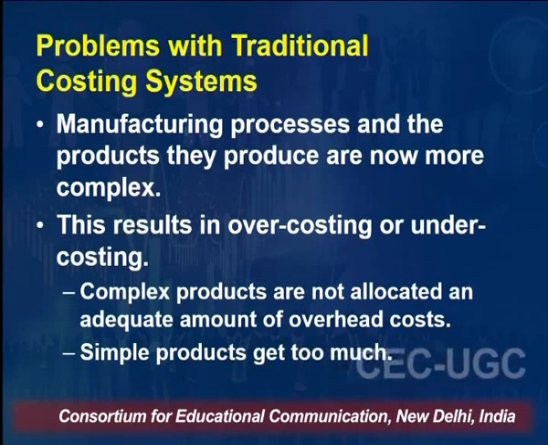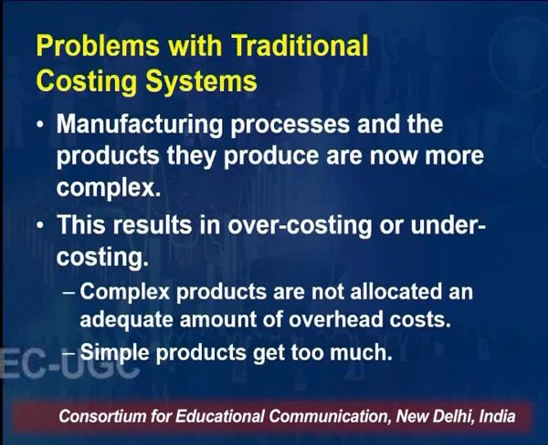The only problem is that this traditional costing system is not sufficient enough, is not having those tools and techniques which can match with the modern manufacturing processes, because they are more complex. And suppose we decide that no, we are not going to change our traditional costing system, we will go ahead with that only, this may result in either overcosting or undercosting.